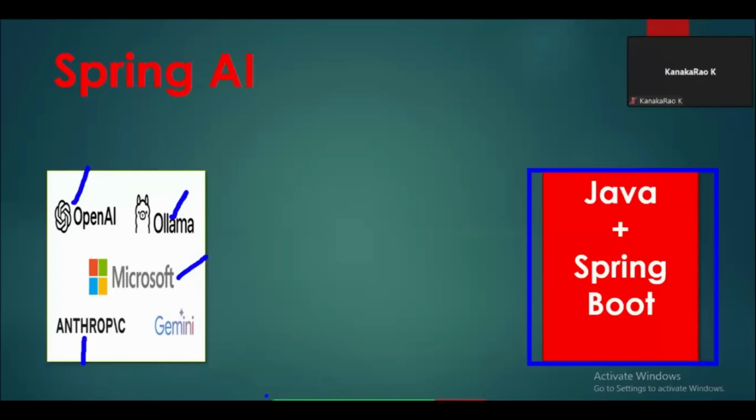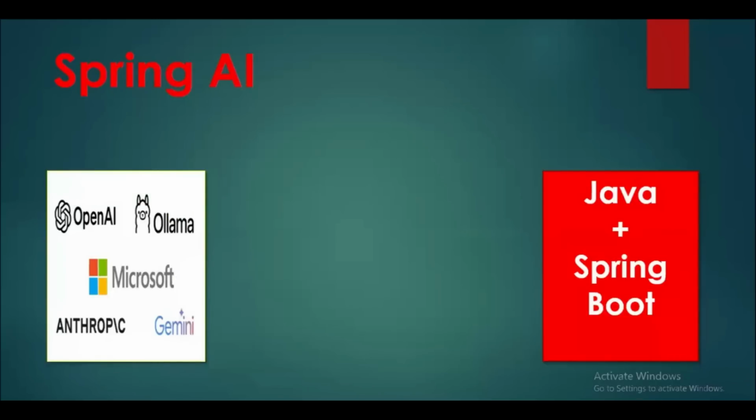Now, mostly in your mind: I can call this provider's API from my Spring Boot application. I can call the OpenAI API. Maybe tomorrow you are going to call Ollama or the Anthropic API.